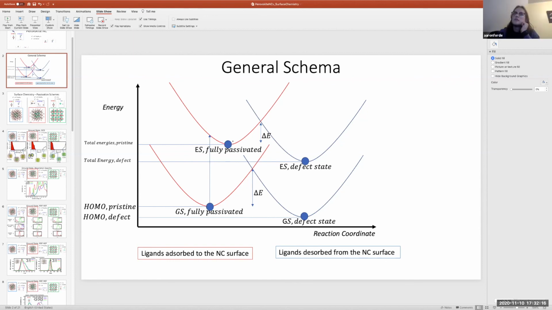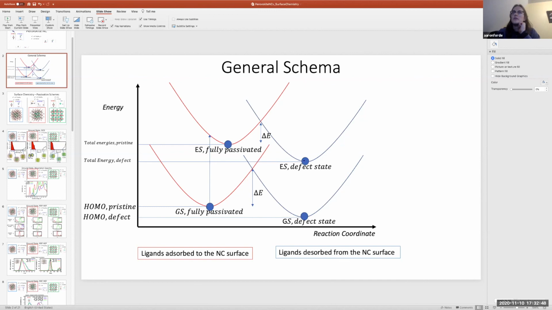I guess the picture that I have in mind is that this barrier would represent the energy needed for the molecule to remove itself from the surface, or for the surface ligands to detach themselves. So the barrier would be the energy required to do that.